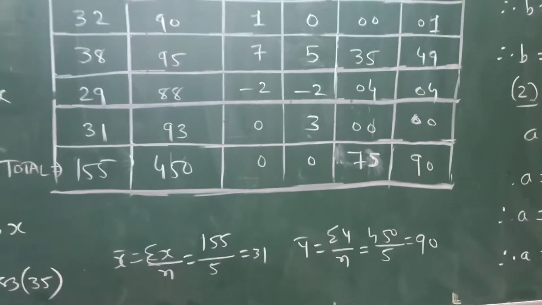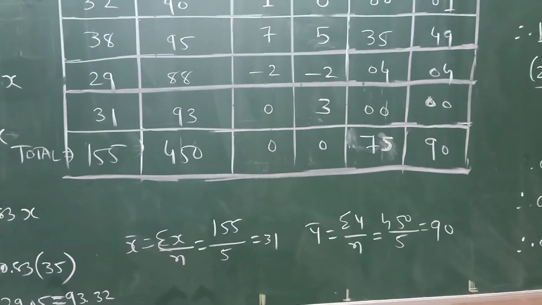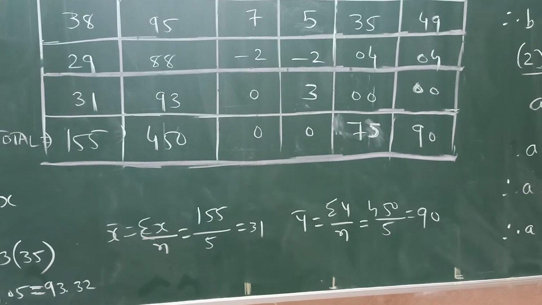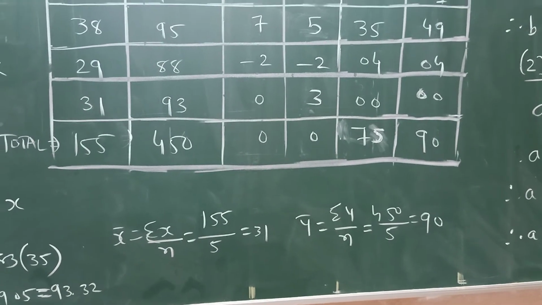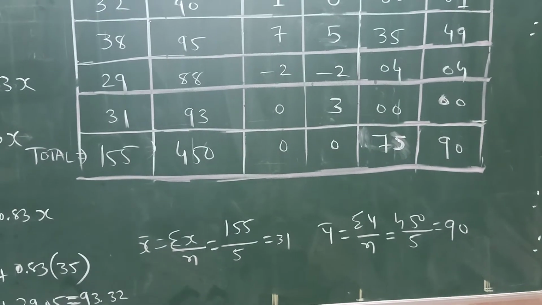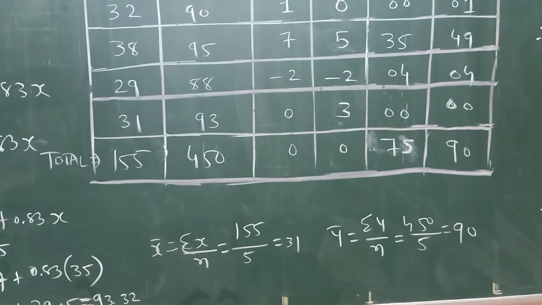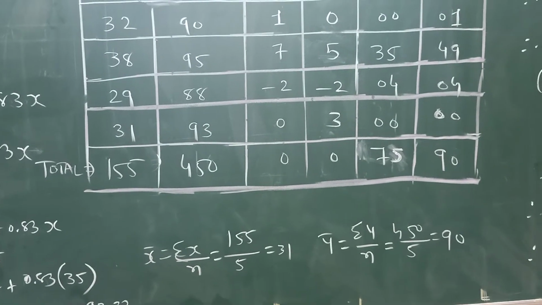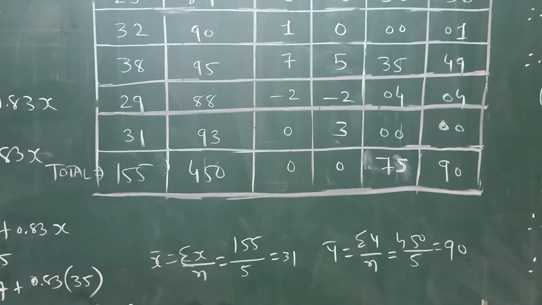Then we find x bar and y bar, 155 divided by 5, 450 divided by 5. Both the values of x bar and y bar are integers, not fractions. It is 31 and 90.